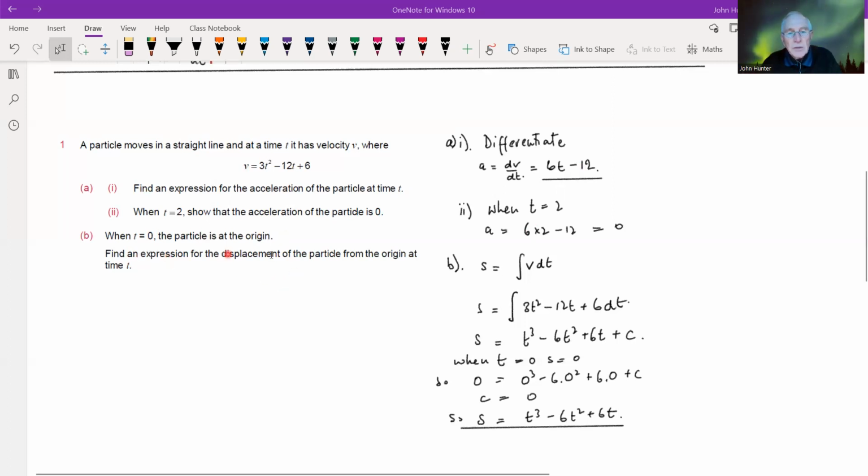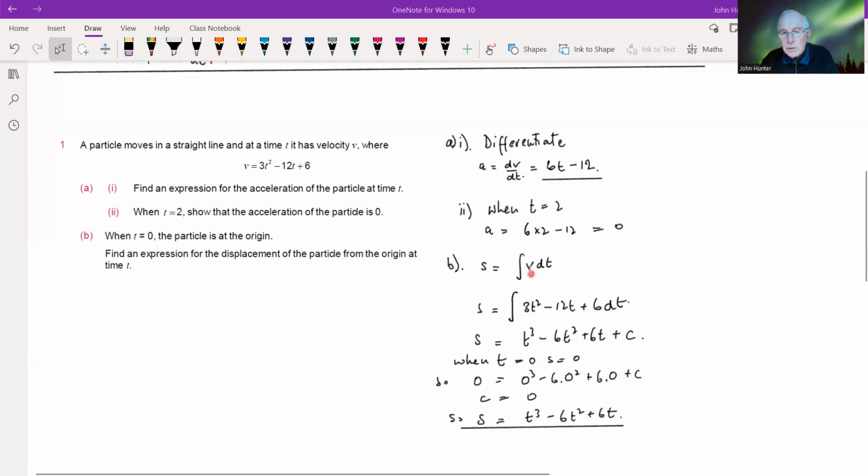Find an expression for the displacement of the particle from the origin at time t. Right. So in our little league table of A, V, and S, what we need in order to derive the displacement is to integrate the velocity function, which we can write like that.